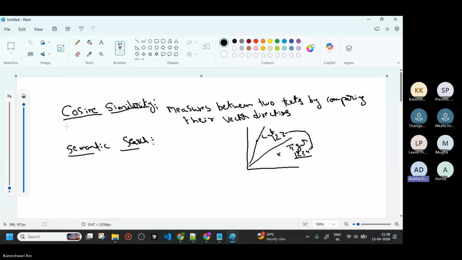Using cosine similarity, these numbers are converted into coordinates, placed in the XY direction. Tiger is placed here and cat is placed here. With the cosine similarity algorithm, when I want to check the answer, it will look for the nearest one, because it doesn't know what a cat is or what a tiger is. By these vector embeddings, these dots which are nearby correlate, because the rest of the answers are far away.